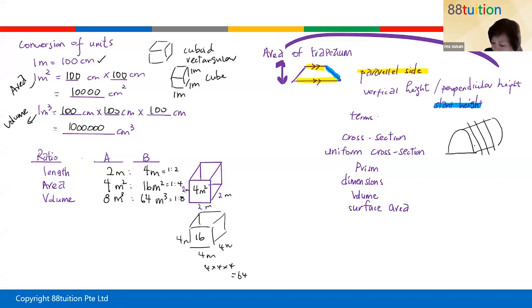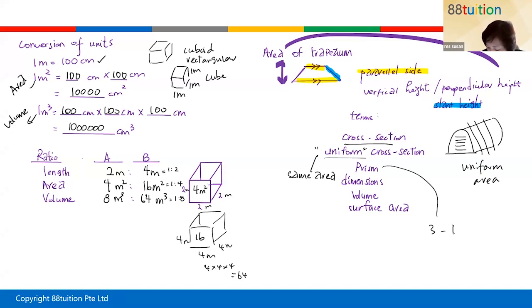When you slice it, all the area of the pieces that you slice are called uniform area. The area that is cut and exposed to you, we call cross-section. Usually cross-section must be uniform. They must have the same area surface all facing you.